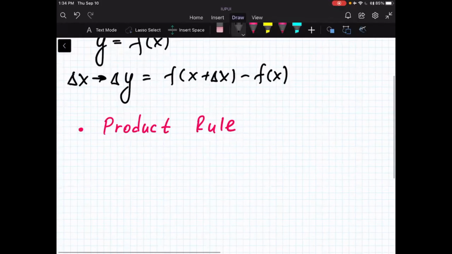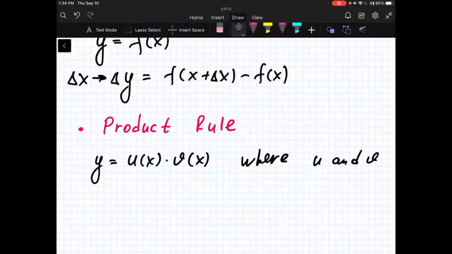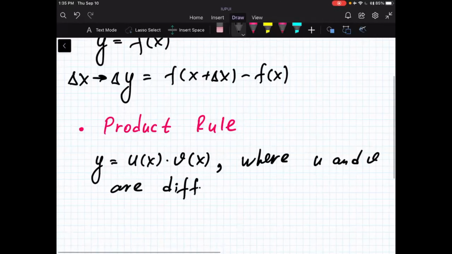Suppose you have a function which is the product of two other functions, y equals u of x times v of x, where u and v are differentiable functions.